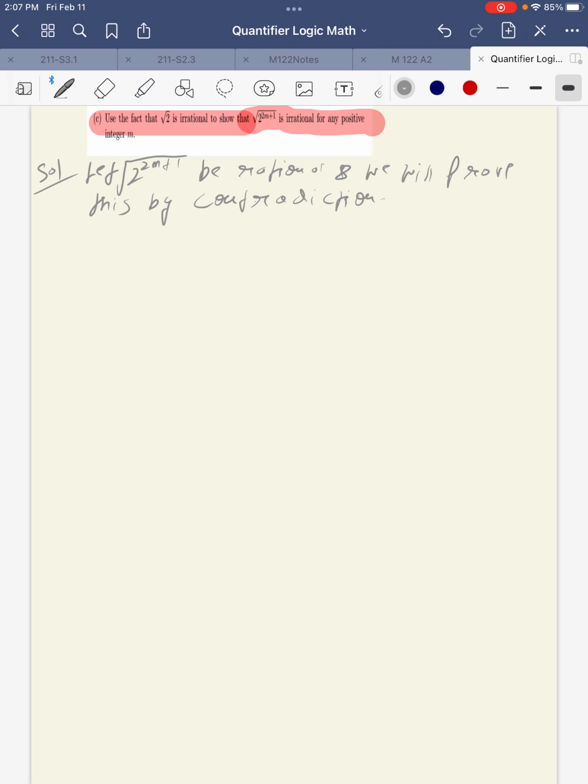So when it's rational, then the square root of 2 to the power 2m plus 1 must be equal to p over q, where p over q is the lowest form of a rational number.